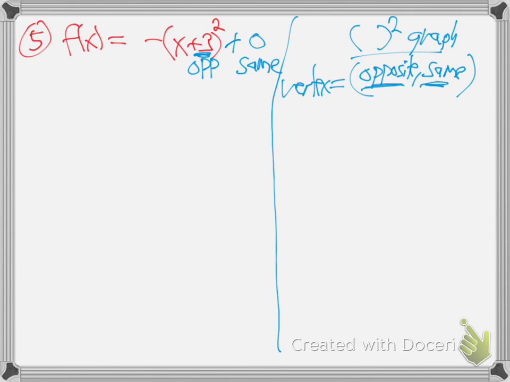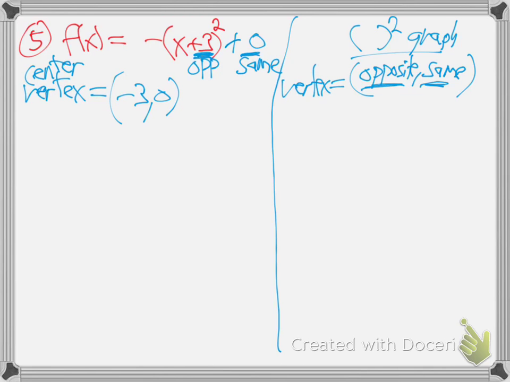So that's step 1. Your vertex, your center, is the opposite of positive 3, negative 3, and the same as 0. Since nothing is off to the right, it's just 0. Adding 0 doesn't change anything. So minus 3, comma 0, that's the vertex, the center.